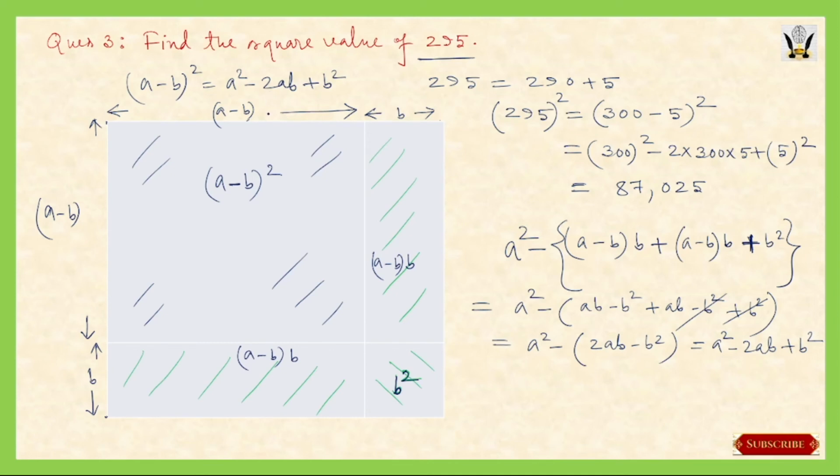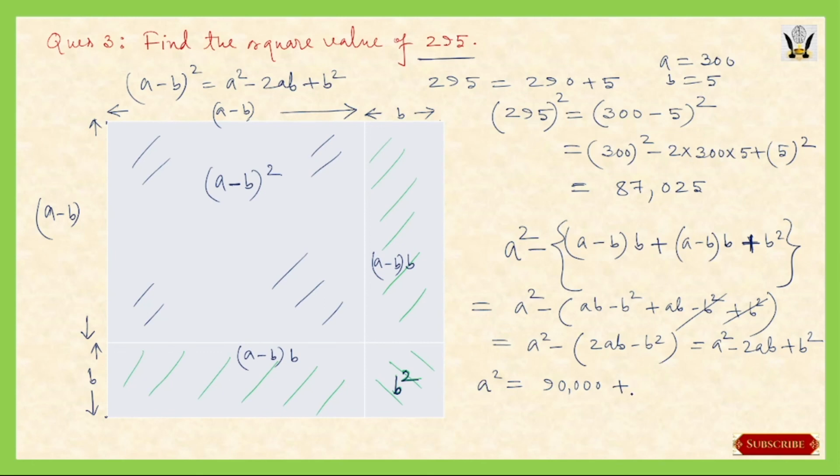That means we will first find the area of the bigger square, that is A square. In our case A is 300 and B is 5. So A is 300 means A square will be 90,000.